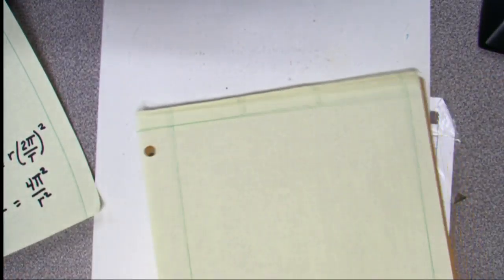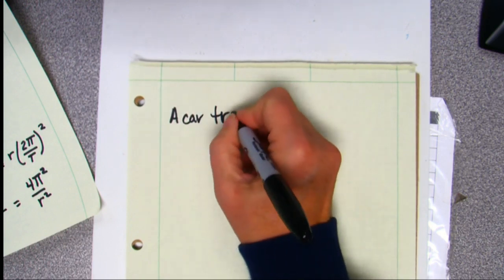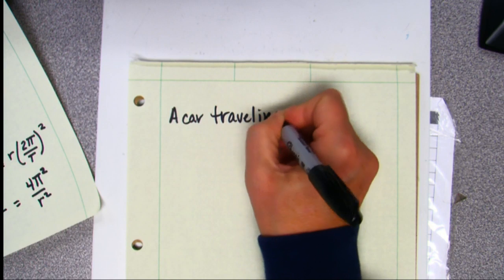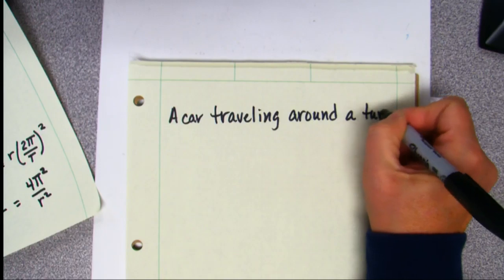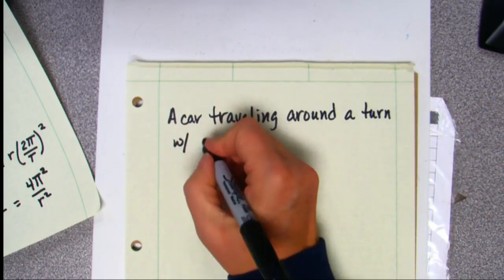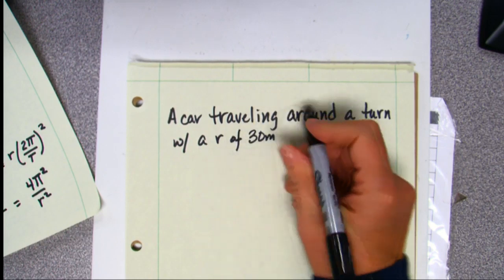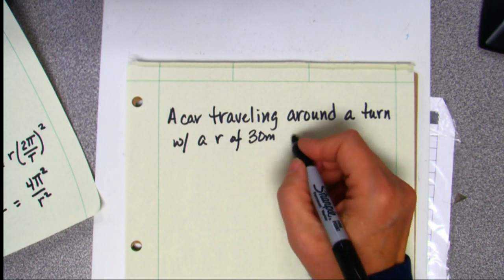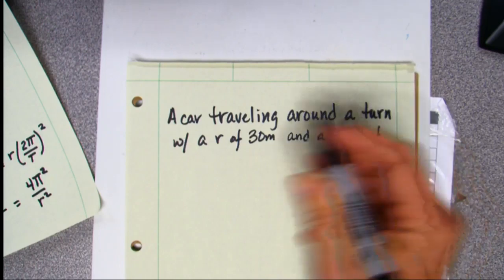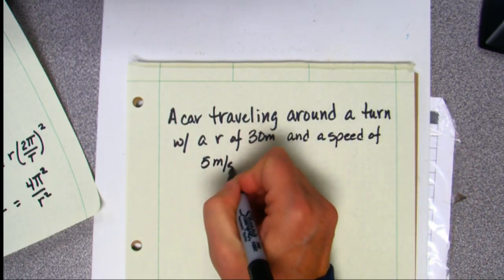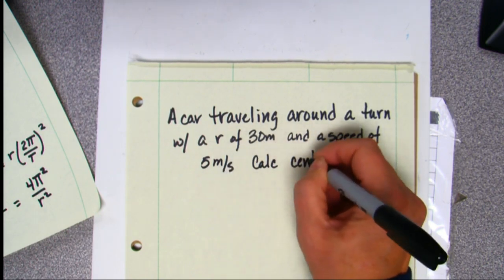We have a car traveling around a turn with a radius of 30 meters and a speed of 5 meters per second. We want to calculate the centripetal acceleration.